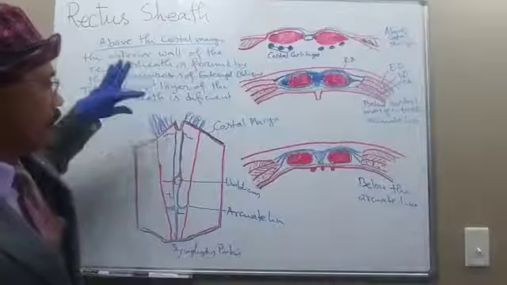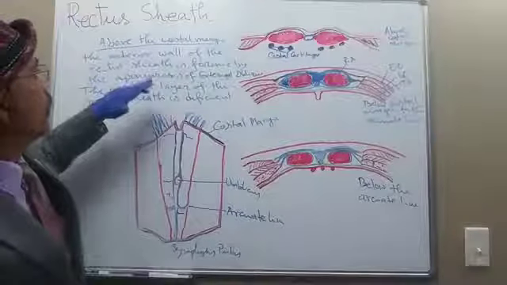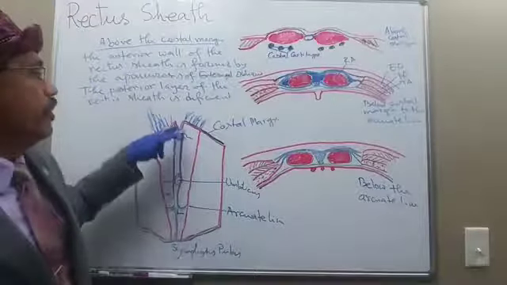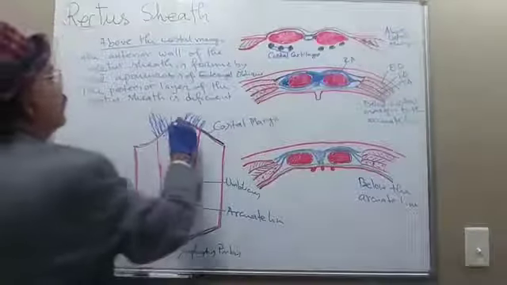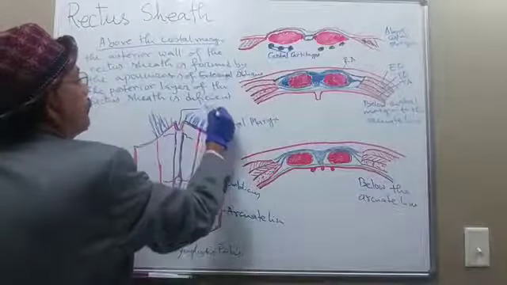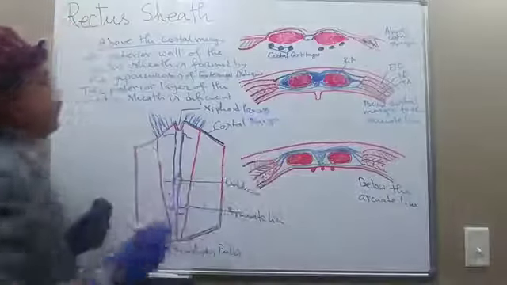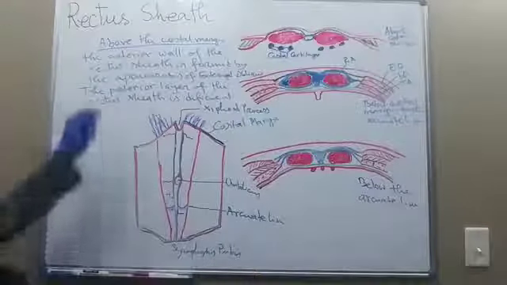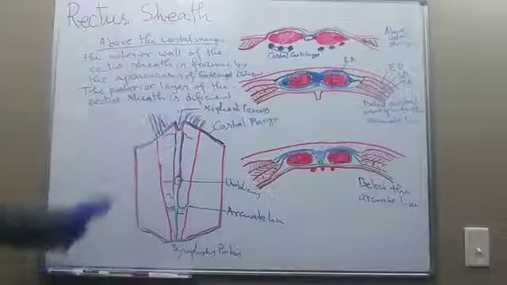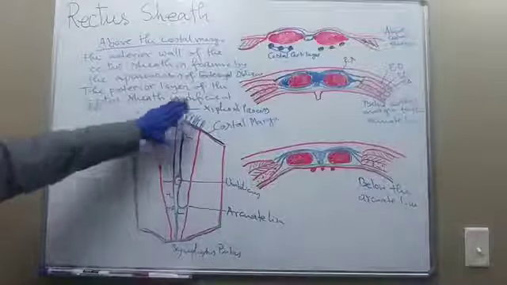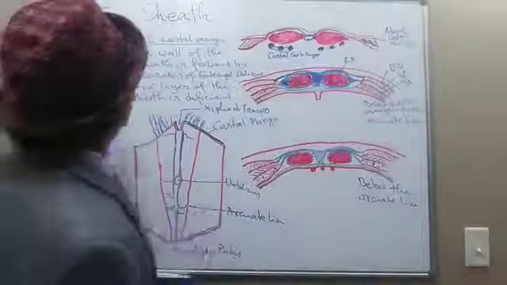The rectus abdominis is on the costal cartilages, and the anterior layer of the rectus sheath will be blended with the bone, like the xiphoid process. This is the xiphoid process. Okay, we got the rectus sheath above the costal margin.